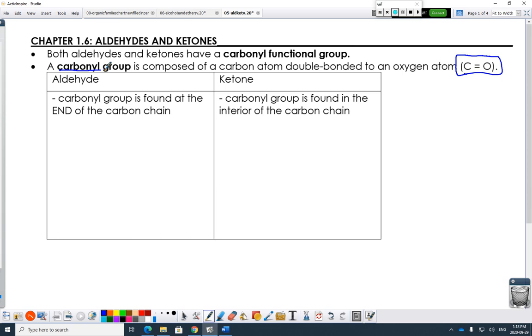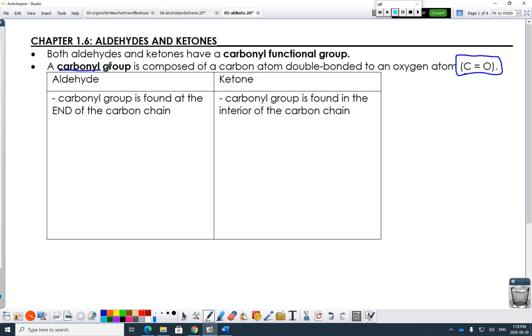So these molecules, first of all, we make use of. Also, they have a big impact in our biochemistry. So again, when you take 12U Bio, you'll talk about these as well. An aldehyde and a ketone differ only in where the carbonyl group is found.